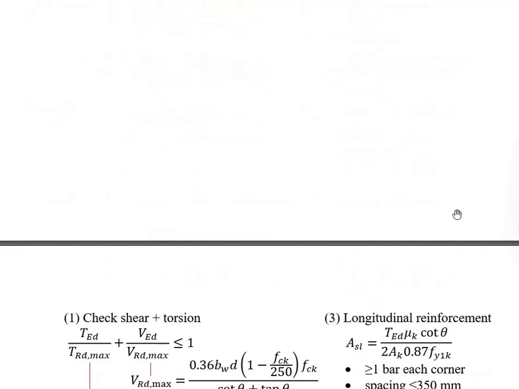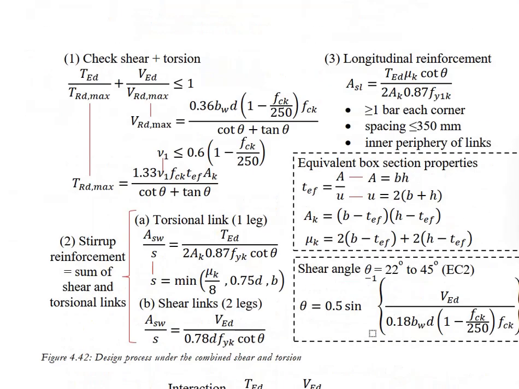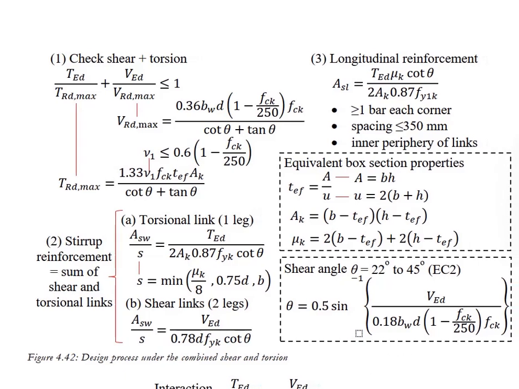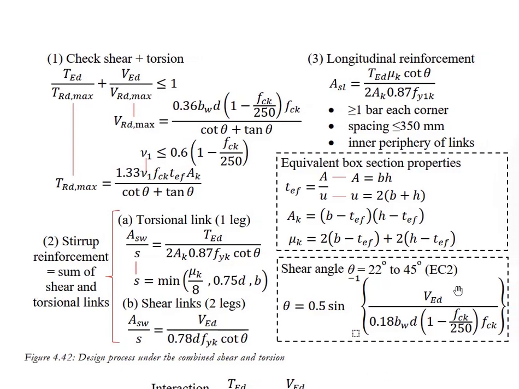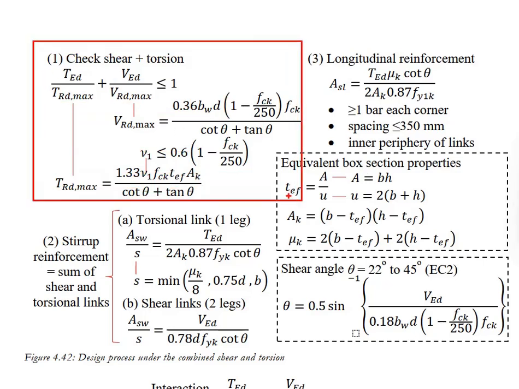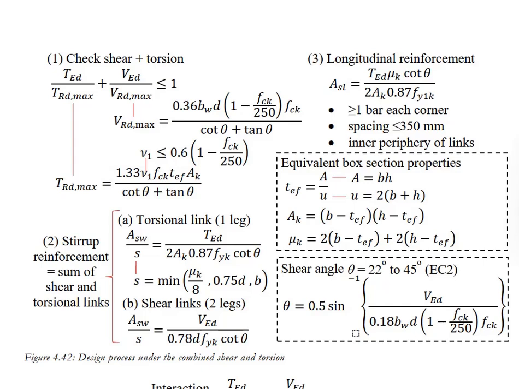Having this understood, now let us look at the full picture in terms of the design when the member is subjected to shear and torsion. The one we mentioned just now, using the interaction formula, is the first step. The function of this step is like a prerequisite.